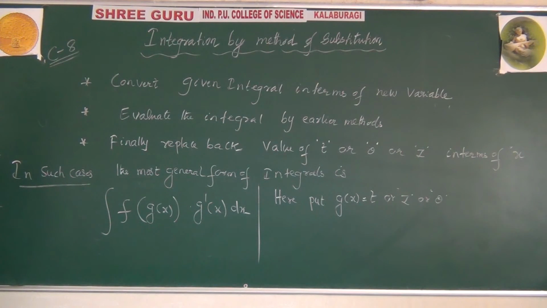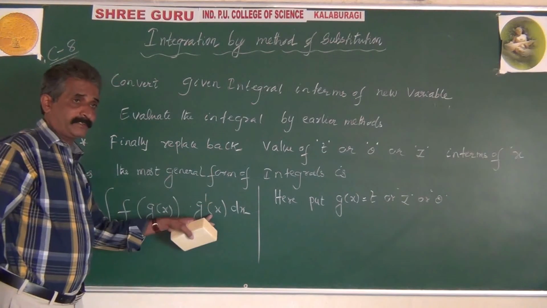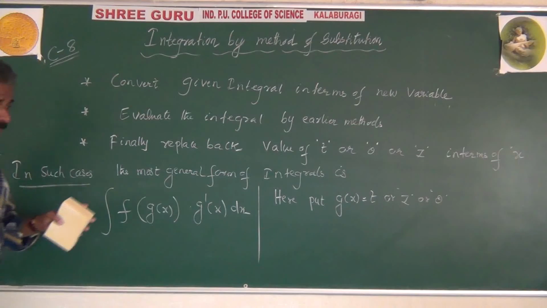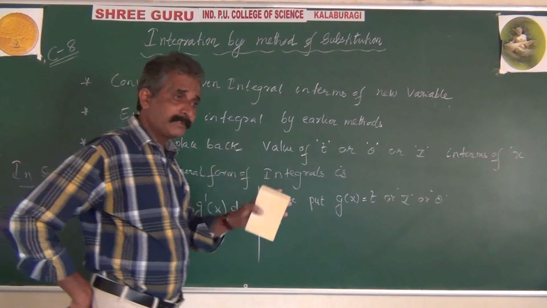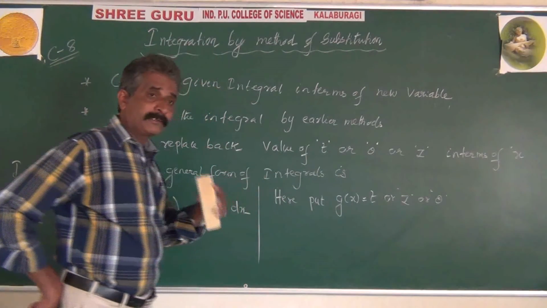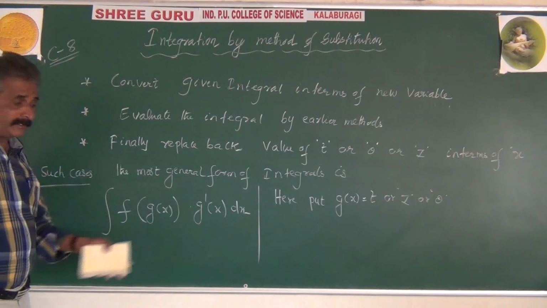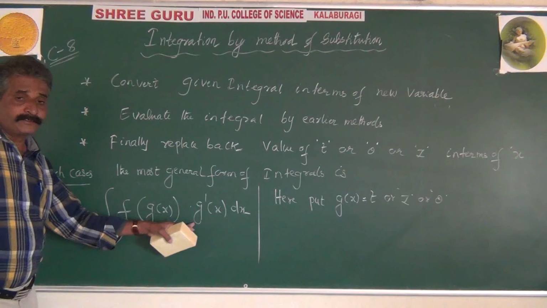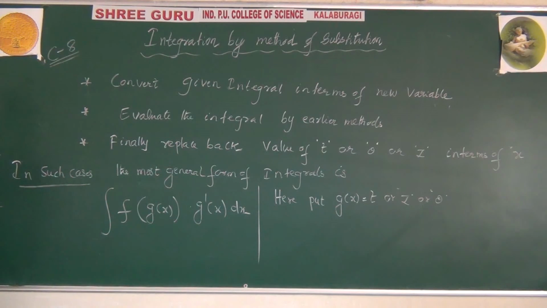And sometimes there will not be a presence of g of x and g dash of x. So when there is no presence of g of x and g dash of x, use appropriate steps and bring them, or get there yourself, and make sure that there will be a presence of g of x and g dash of x. That is the point.